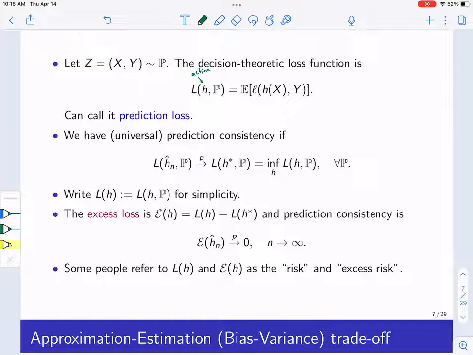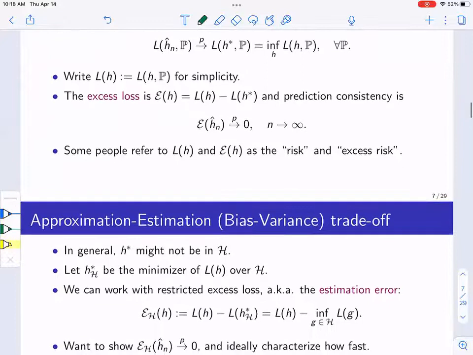The excess risk is useful because it can go to 0. This prediction loss or risk cannot go to 0. There's a minimum possible. You can't improve beyond the optimal predictor. Okay, so far so good. Just a bunch of notation.